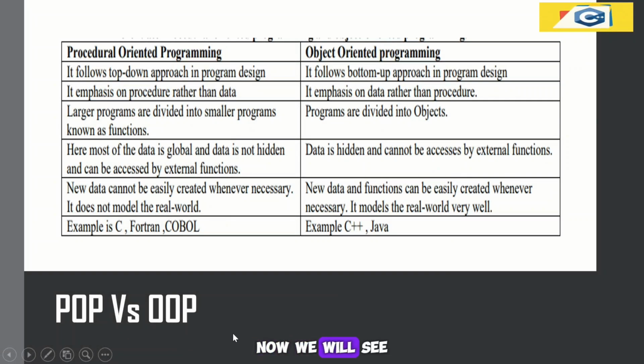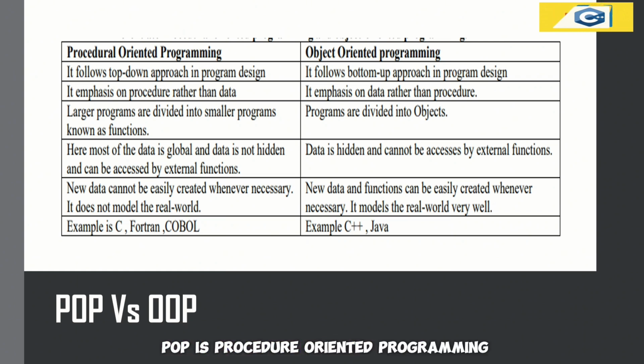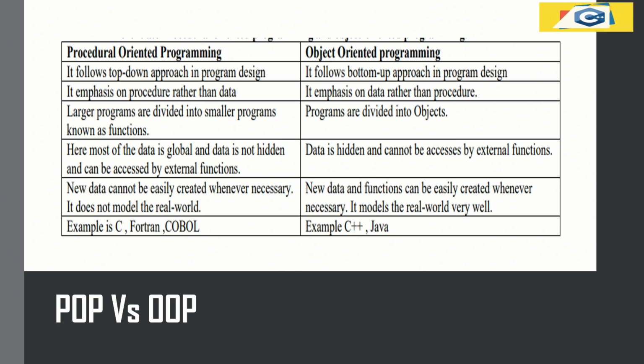Now we will see the difference between OOP and POP. The basic difference is that POP is procedure oriented programming, OOP is object oriented programming. POP is a top down approach, because we need to follow a set of sequence starting from the very first point to the last point. OOP is a bottom up approach.